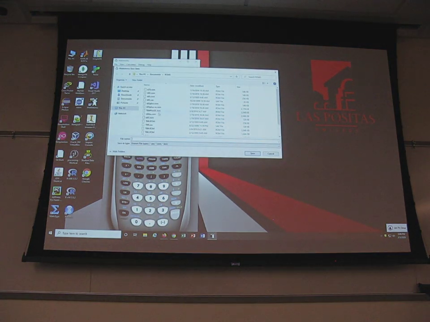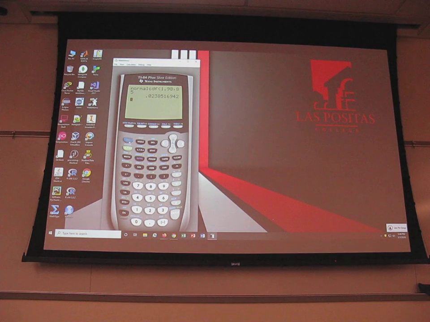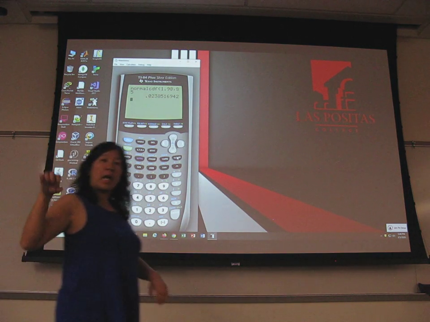If you have a fancy calculator, let me see if I can pull up a fancy one. Second vars, normal CDF. If you have a fancy calculator, it prompts you for lower and upper.